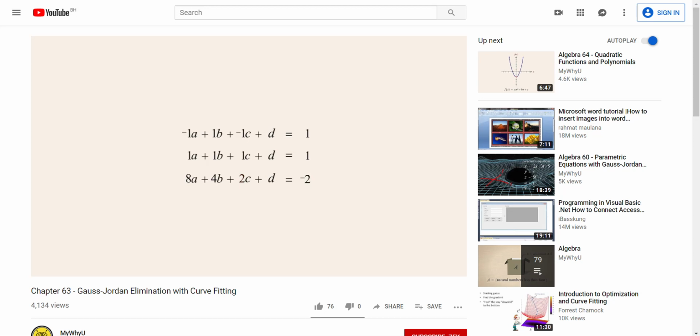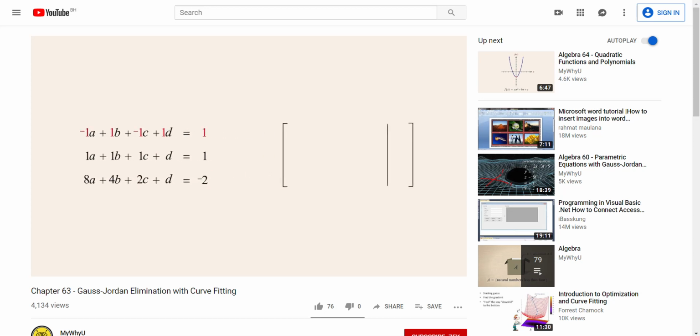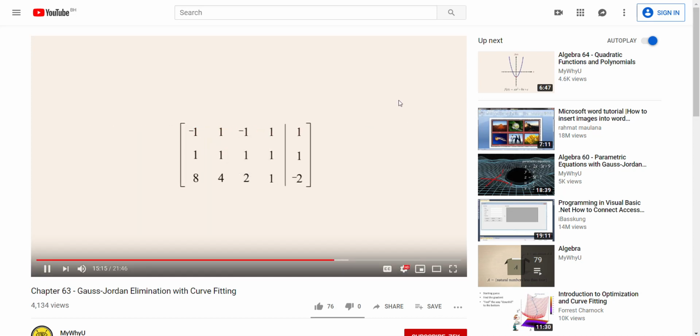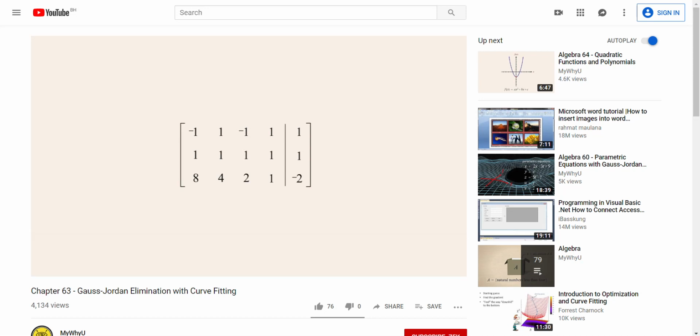We now write the system of equations in matrix form and reduce the matrix using Gauss-Jordan elimination.